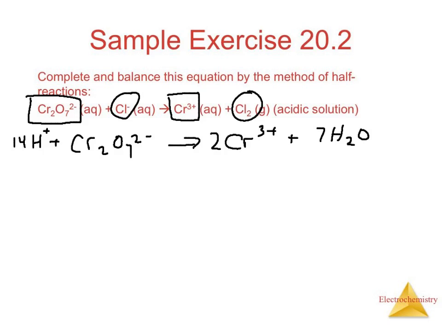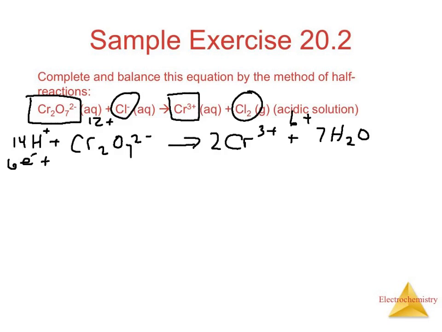So that's a 12+ overall on this side of the equation. And then we've got 2 Cr3+ on the right side, so that's a 6+ overall. So we need 6 electrons on the left side to balance that out. Again, I didn't leave myself enough room here, so I'm just going to put that down below. Sorry, that's sloppy. So there's one of my half reactions right there.